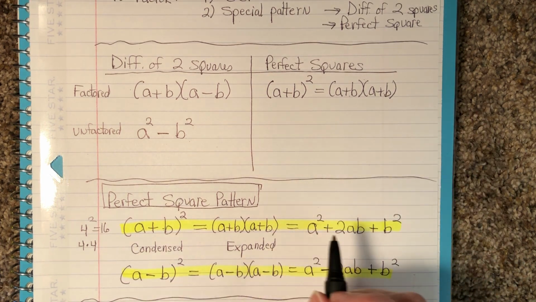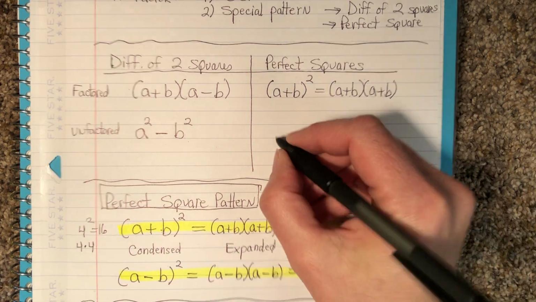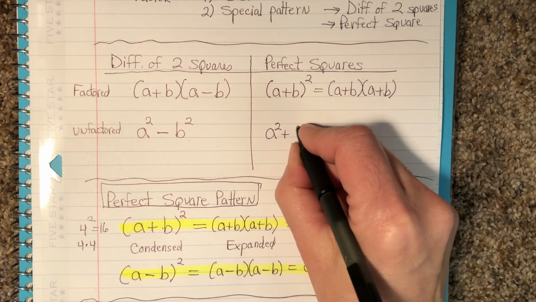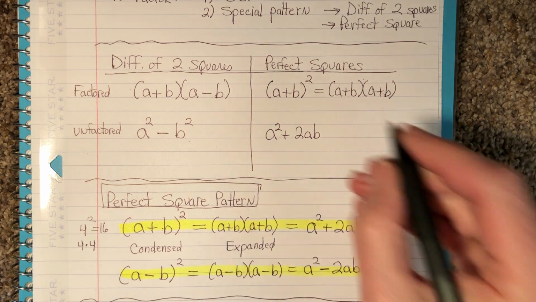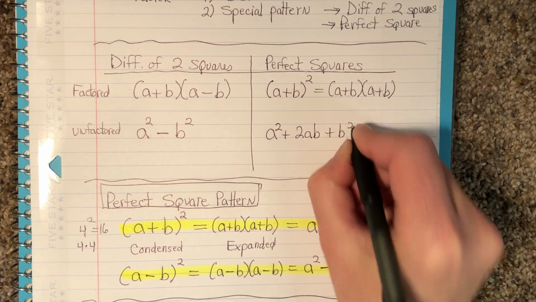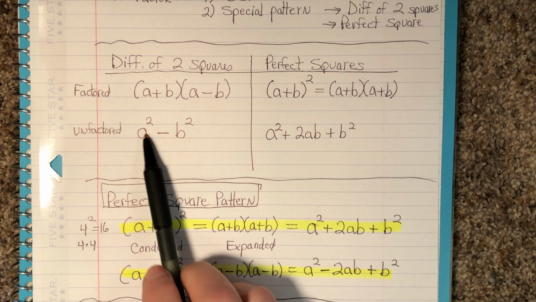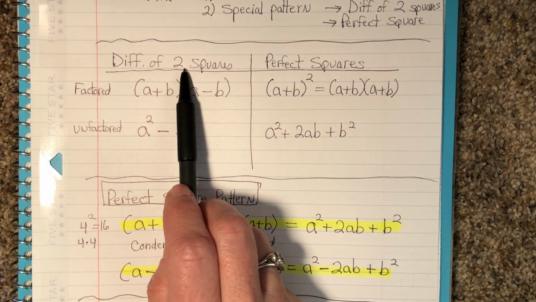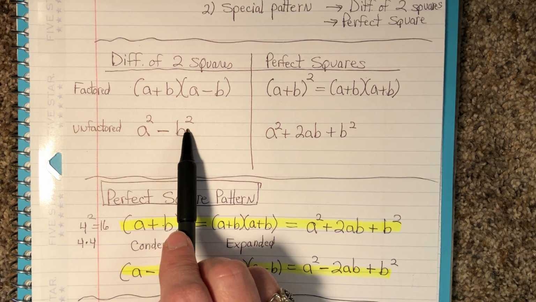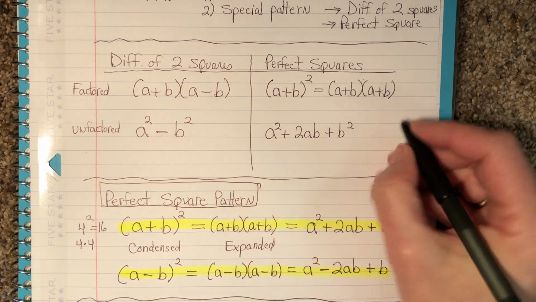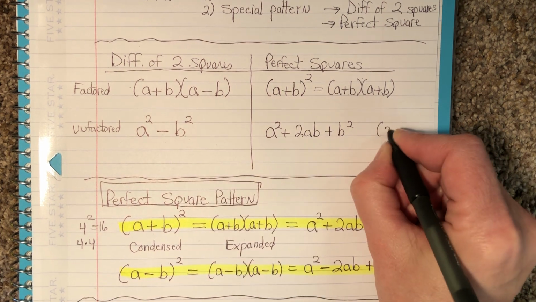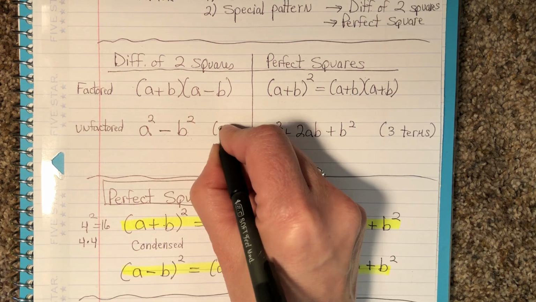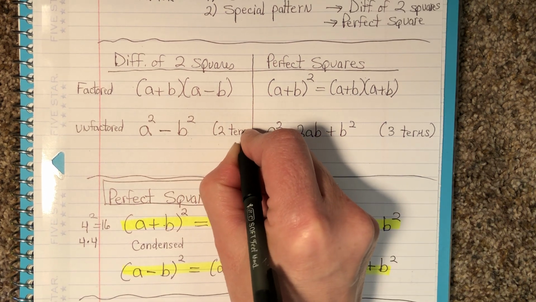And then unfactored, it's going to be A squared plus 2AB plus B squared. The difference of two squares has only two terms unfactored, while a perfect square has three terms.